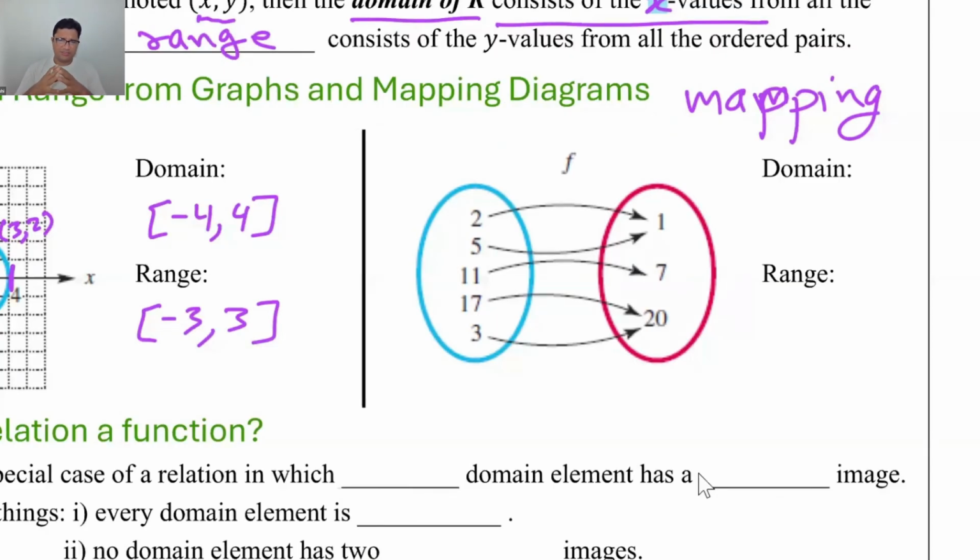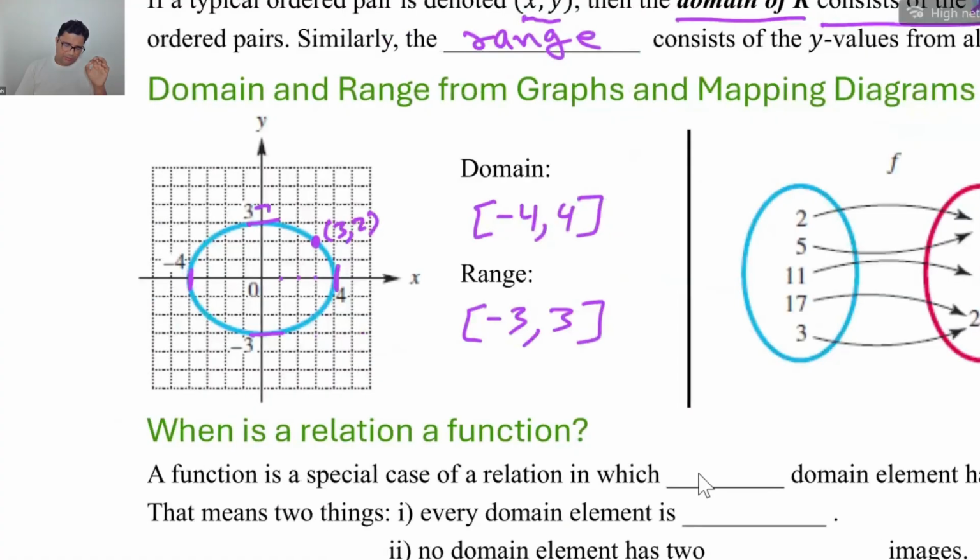Then you can use this mapping diagram. For the relation on the left side, there are infinitely many points. A mapping diagram would not be a nice way to represent it. It will be confusing. How many are you going to write and how are you going to show a pattern?